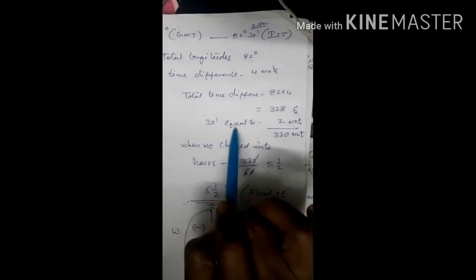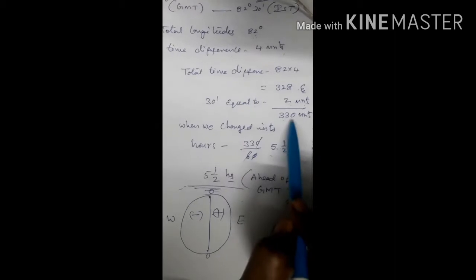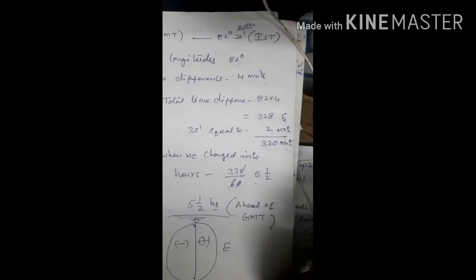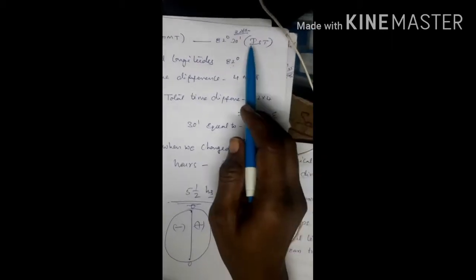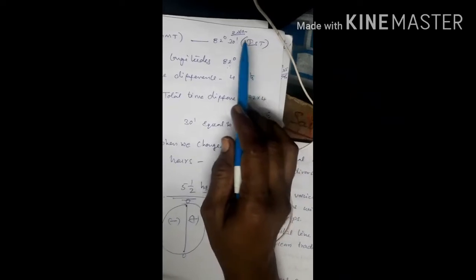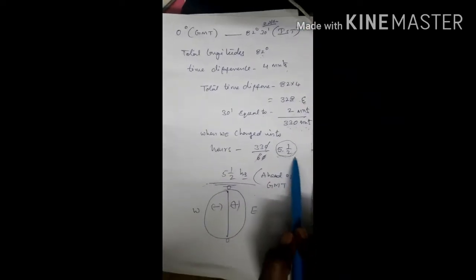Adding the 30 minutes, which equals 2 minutes, gives 330 minutes. Converted into hours, it is 5.5 hours. So our IST is 5.5 hours ahead of GMT. An important point to note down: IST is 5.5 hours ahead of Greenwich Mean Time. Okay, do all of you understand?